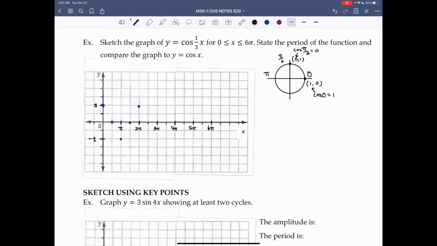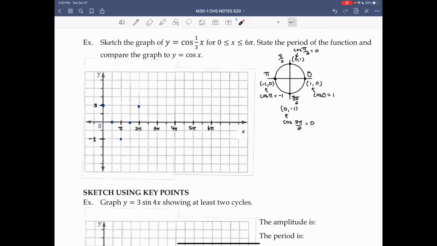Then at pi, the point is -1, 0, which tells us that cos at pi equals -1. And then at 3 pi over 2, we have the point 0, -1, which tells us that cos of 3 pi over 2 equals 0. And then we just repeat that as we continue.